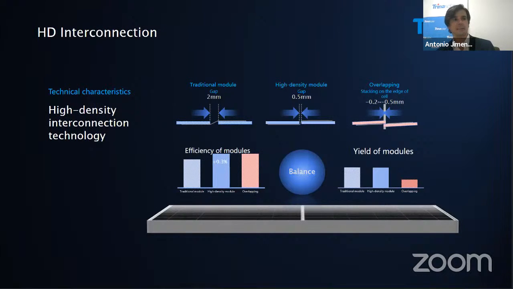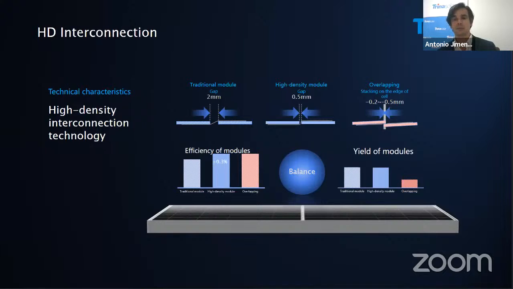In terms of interconnection, the standard module will have a gap between cells of around 2 millimeters. We have reduced that to less than 0.5 millimeter, which allows us to have an efficiency of up to 21 or 21.2%, but without a loss of yield from overlapping the cells.